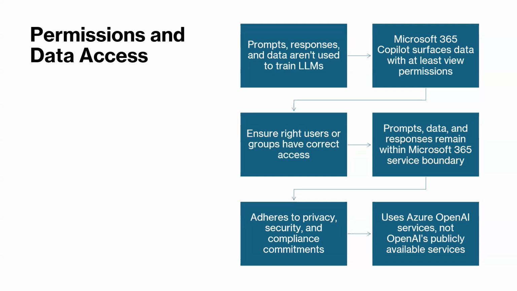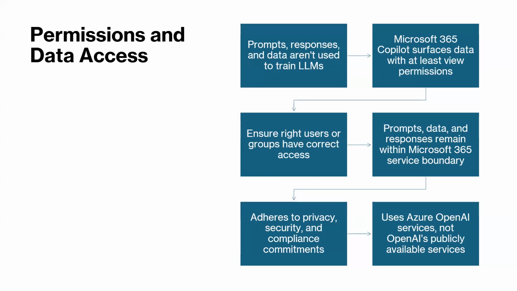So the first thing to call out again: prompts, responses, and data are not used to train LLMs, those large language models. So the questions you ask, the responses you get, your underlying data, none, zero, zip is used to train those models.